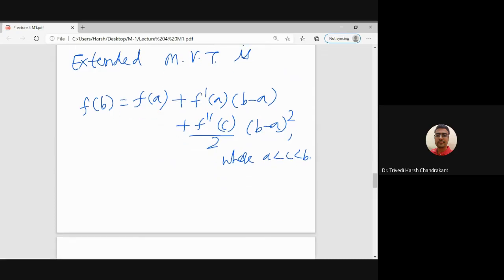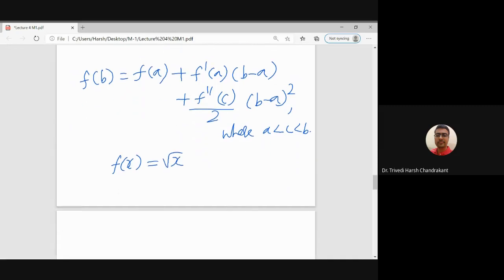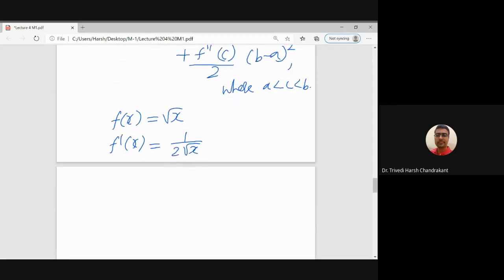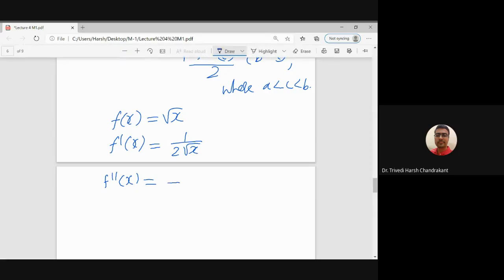And for this, our function is square root x. So its derivative will be 1 upon 2 square root x, right? And the second derivative will be minus 1 divided by 4 x square root x, right?